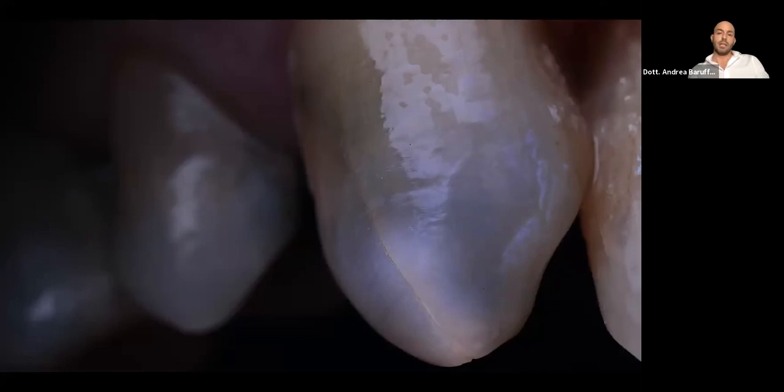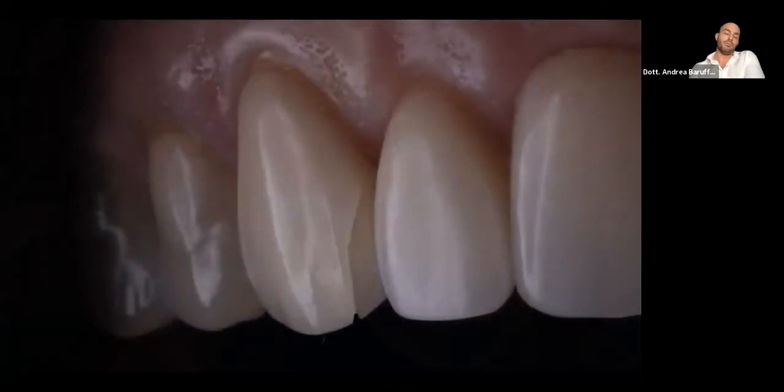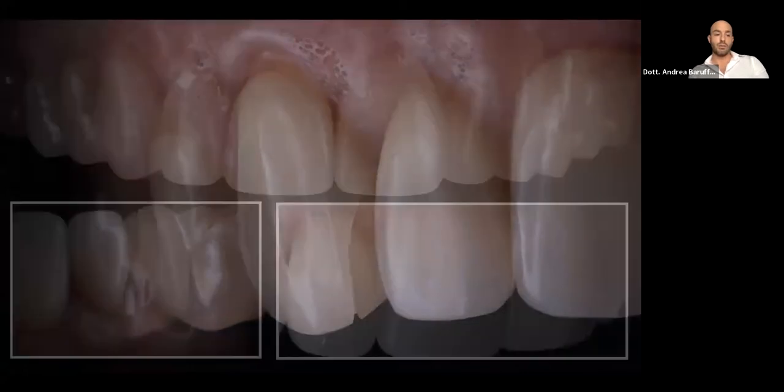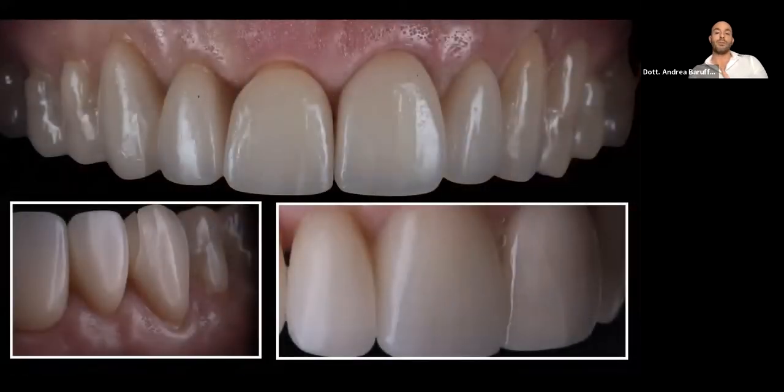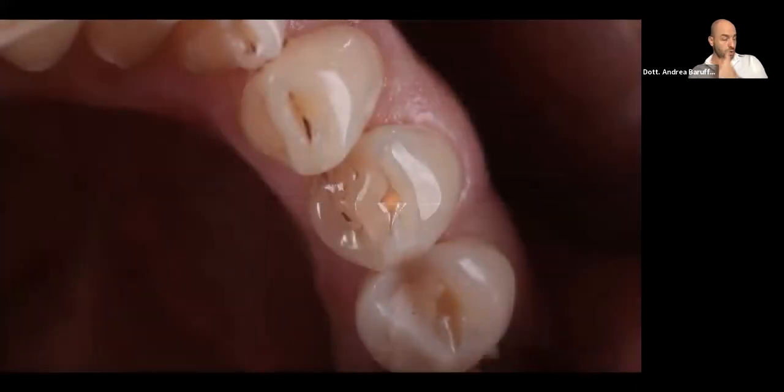Okay. So the first case is of this patient that had all these veneers, and in a few months, in 2 or 3 months, chipped 3 of them. The 2 centrals and the upper right canine. And this is what we saw in her mouth.